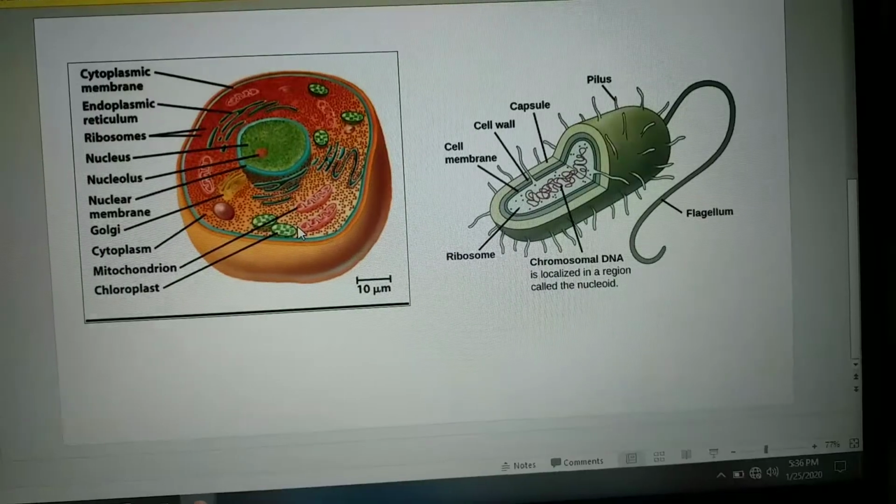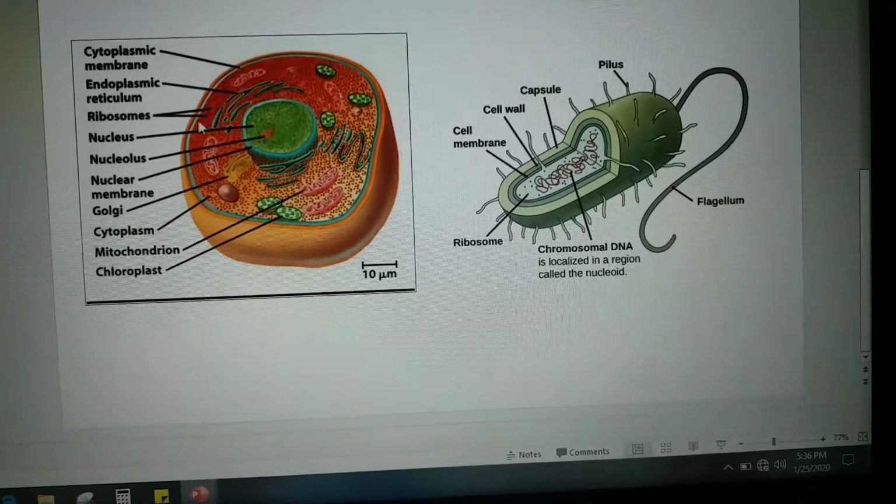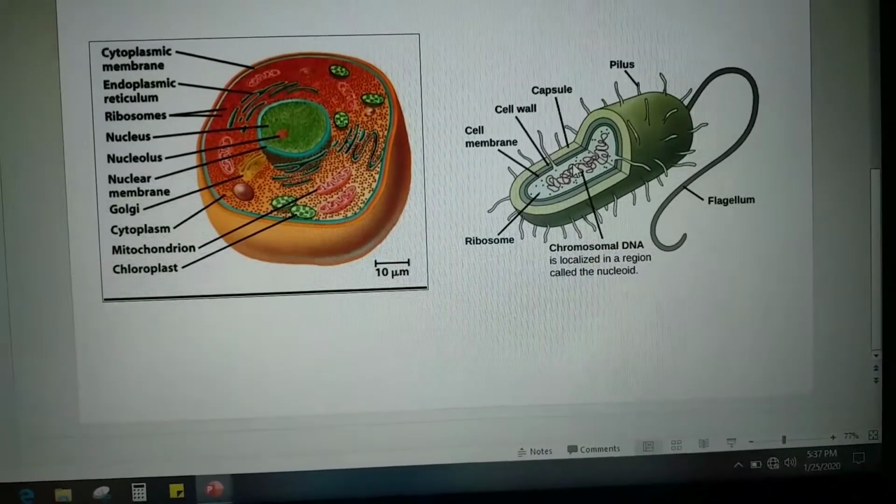Now, let's define their differentiation. Differentiation between the eukaryotic and prokaryotic structure.